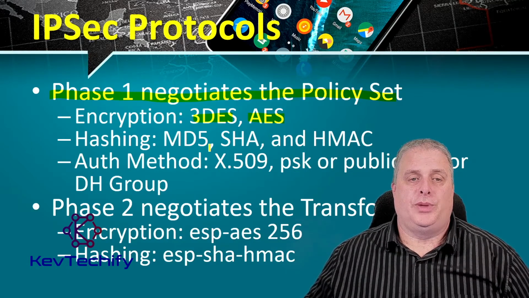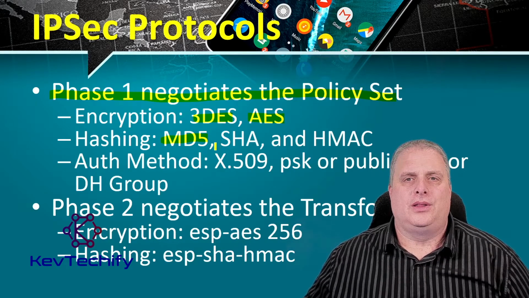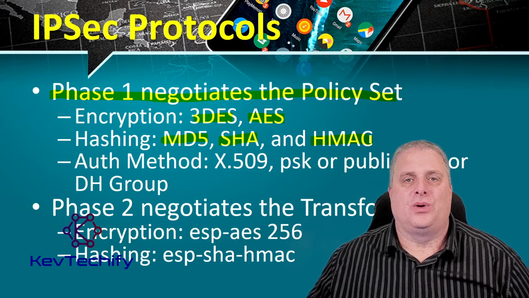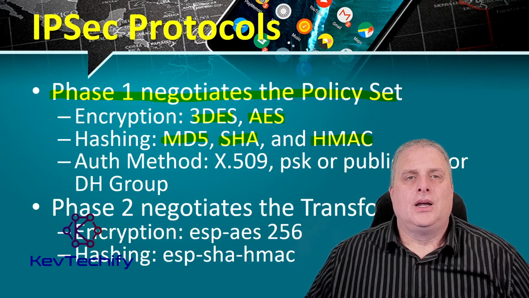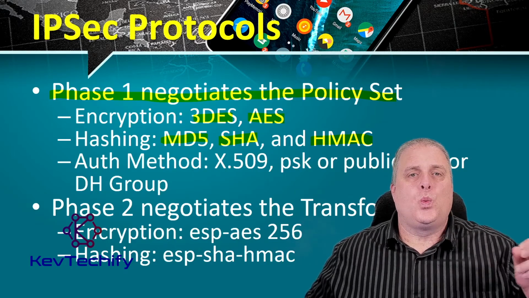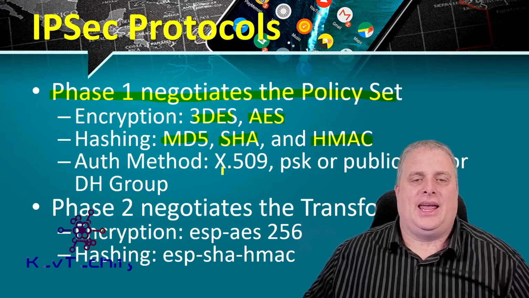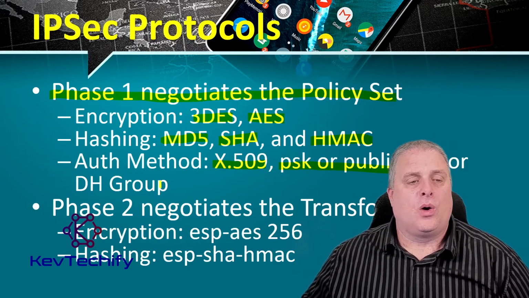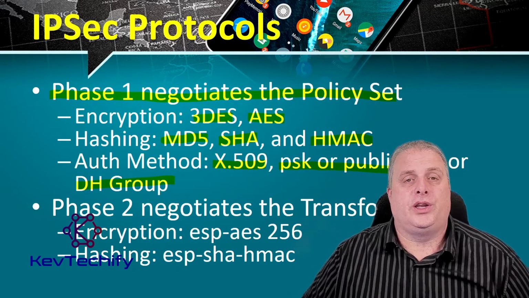The hashing that will be used, like Message Digest 5 or the Secure Hash Algorithm or the Hashed Message Authentication Code, or HMAC, which is a keyed hash. The method of authentication for each end of the IPsec tunnel, using X.509 certificates, pre-shared keys, or public keys, and the Diffie-Hellman group. Which Diffie-Hellman group are we going to use?